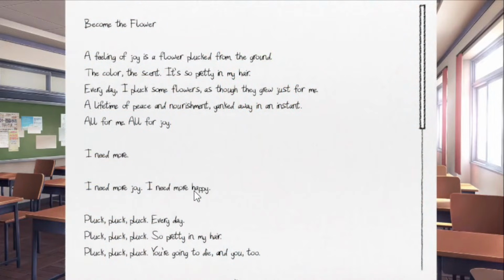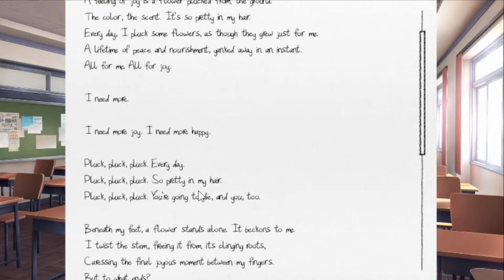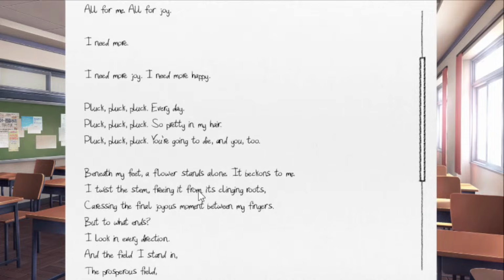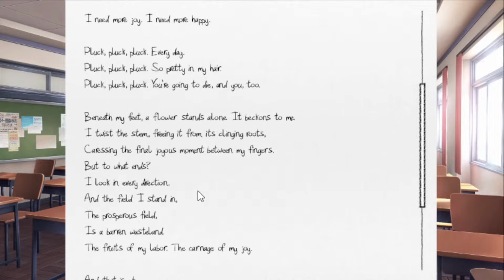Become the flower. A feeling of joy as a flower plucked from the ground, the cooler the scent, it's so pretty in my hair. Every day I pick some flowers though they grew just for me. A lifetime of peace and nourishment, yanked away in an instant, all for me, all for joy. I need more. I need more joy, I need more happy. Pluck, pluck, pluck, every day. Pluck, pluck, pluck, so pretty in my hair. Pluck, pluck, pluck, you're going to die, and you too.